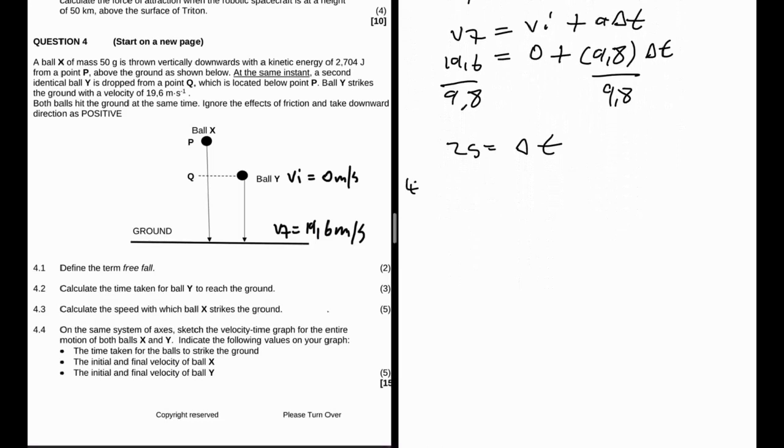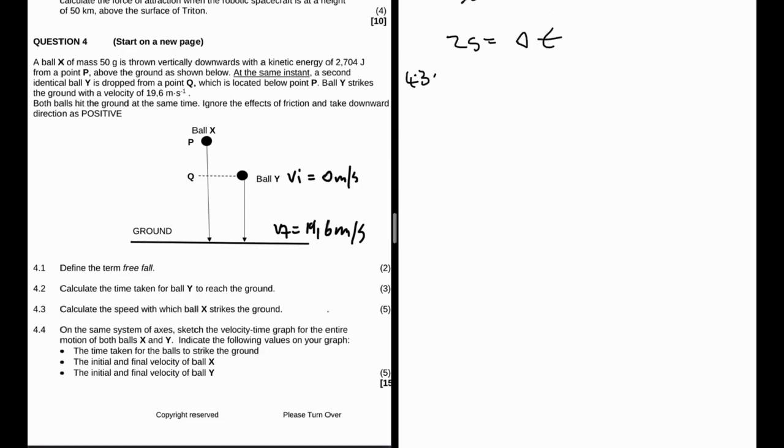Now 4.3 says calculate the speed with which ball X strikes the ground. So let's turn our attention to ball X. For ball X, we are asked to find VF, the speed at which it strikes the ground. So that's what we're looking for. We can find VI because we are given the kinetic energy.